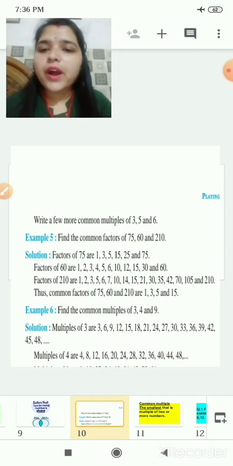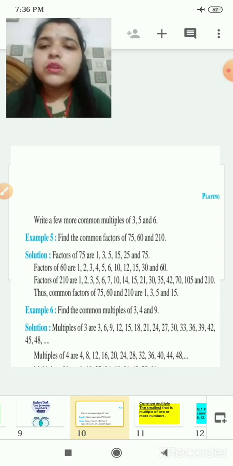Factors of 210 are the numbers which are given here. Okay, these are the factors of 210. Now you have to find the common factors of 75, 60 and 210.